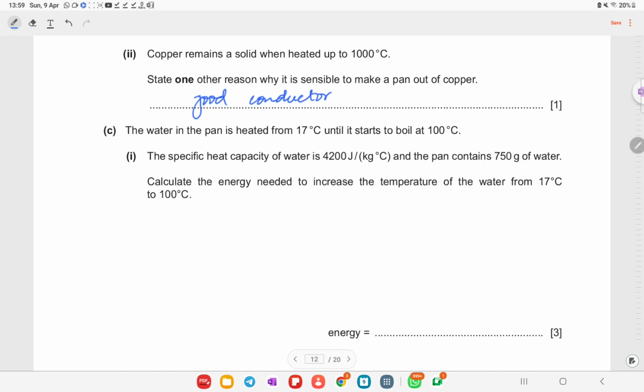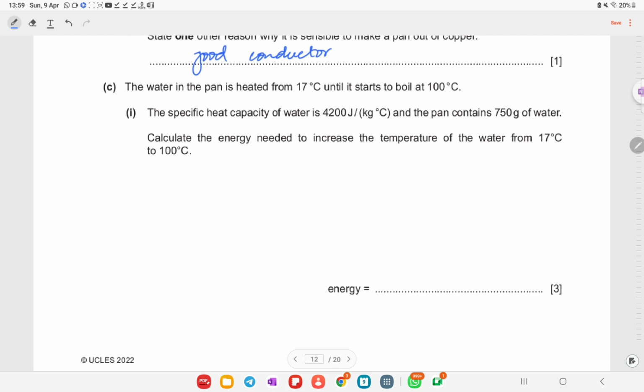The water in the pan is heated from 17 degrees Celsius until it starts to boil at 100 degrees Celsius. The specific heat capacity of the water is this, and the pan contains 750 grams of water. Calculate the energy needed to increase the temperature of the water from 17 degrees to this. So the formula is Q equals mc delta theta.